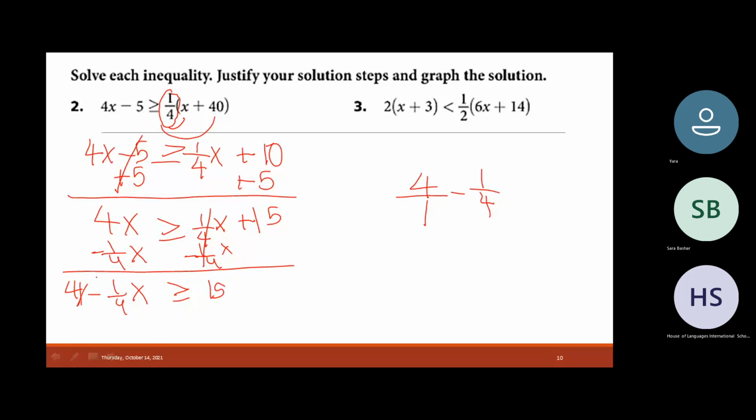Here, when I subtract fractions, I must have the same denominator. Because I want to subtract. As an example, to compare between Habiba and Layal, Habiba, can you please stand on the chair?